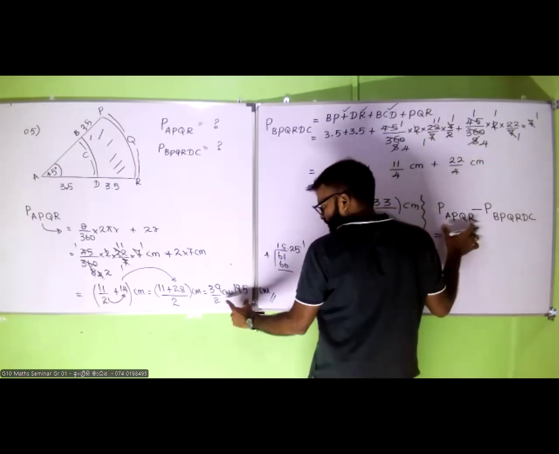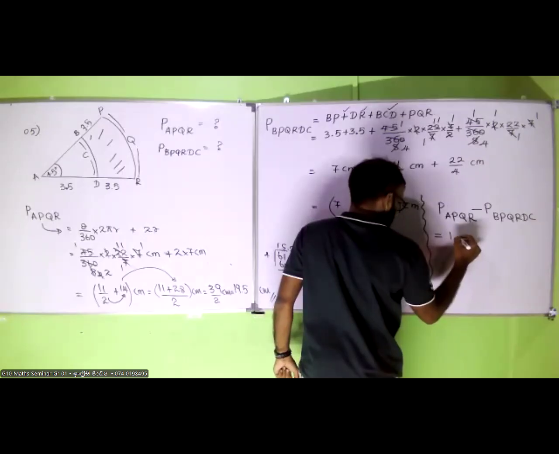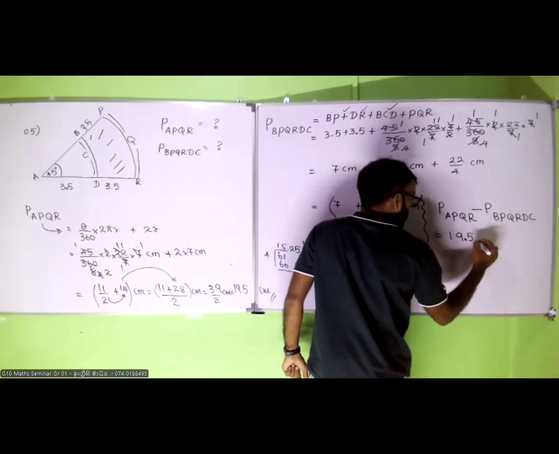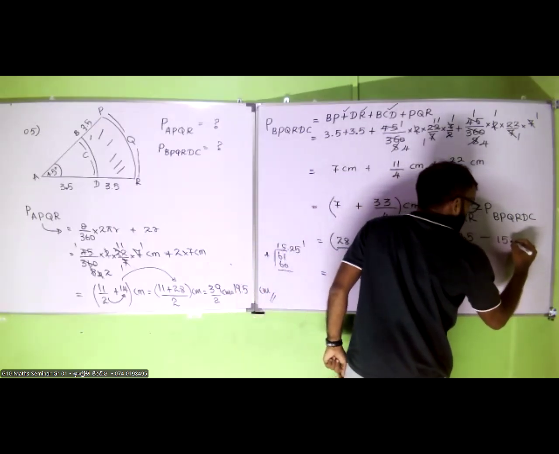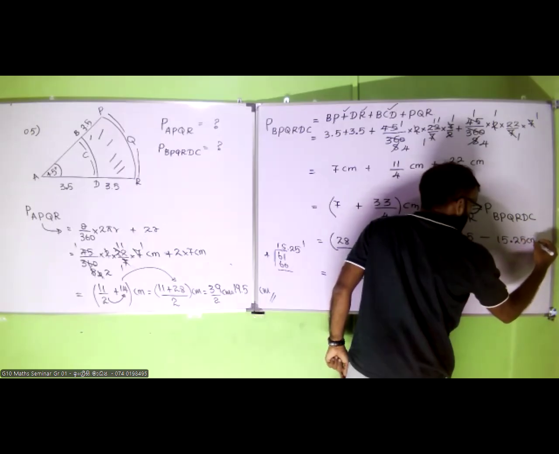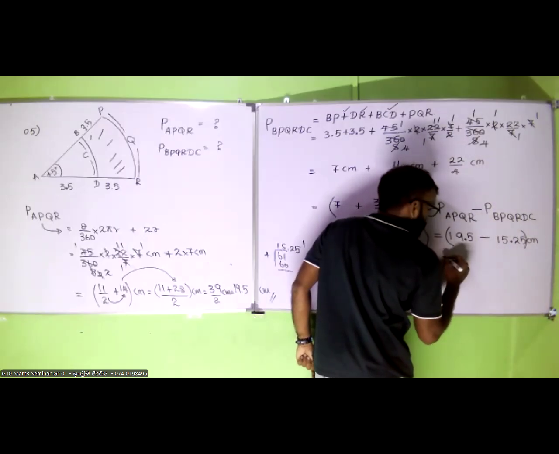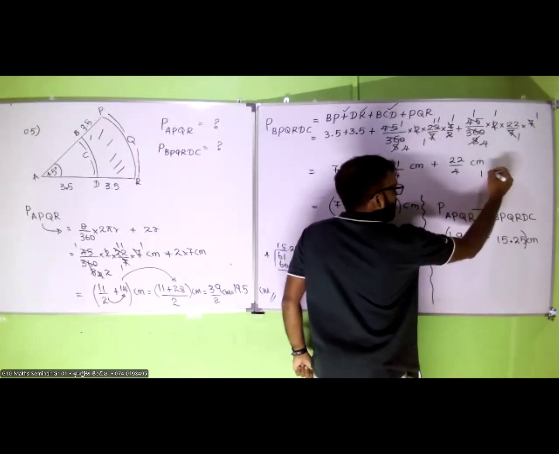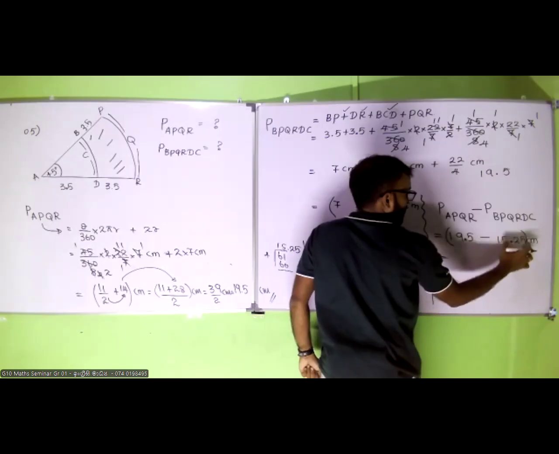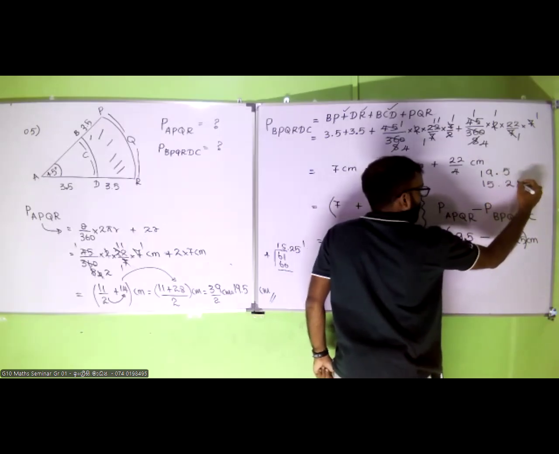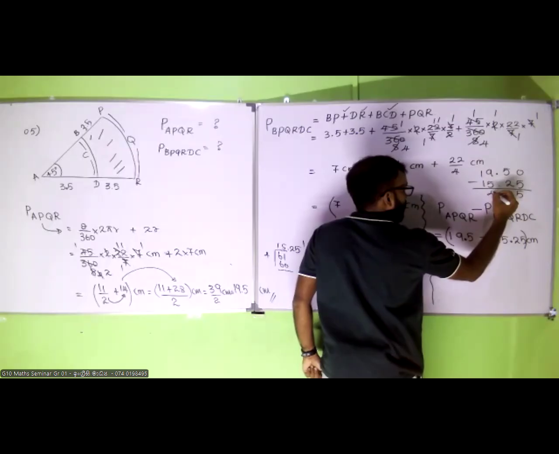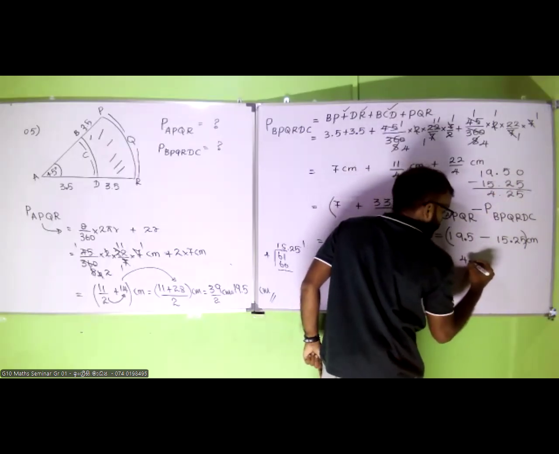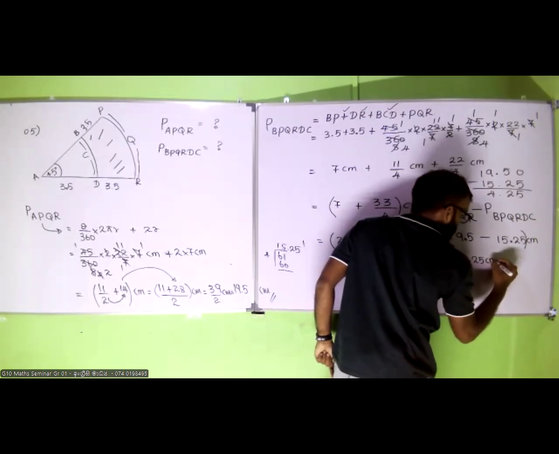Equal mark, 19.5 centimeters, subtract 15.25. Here you have 19.5, here you have 15.25. You have to subtract. So your answer would be 4.25 centimeters.